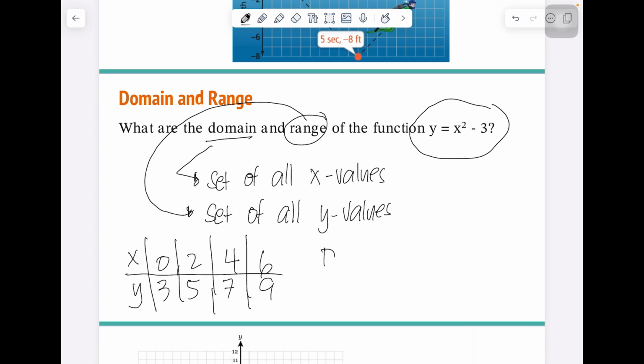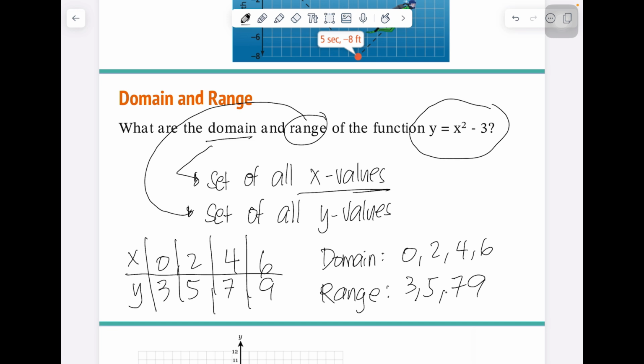So what is your domain there? Your domain are 0, 2, 4, and 6, right? And your range is 3, 5, 7, and 9. Because again, domain is the set of all x values and the range is the set of y values.